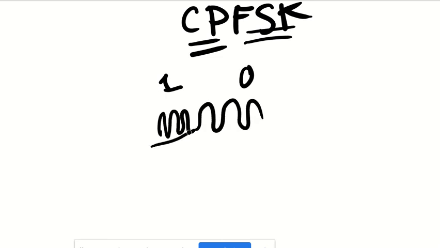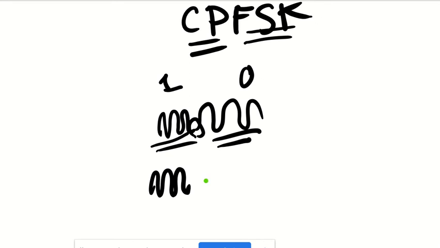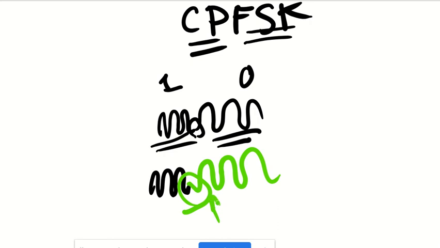But what about the phase? Is the phase continuous, or does one end here and the other end there? Sometimes there won't be any phase coherence, and there will be abrupt changes in your signal during 0 to 1 and 1 to 0 if you're not careful with the phase.